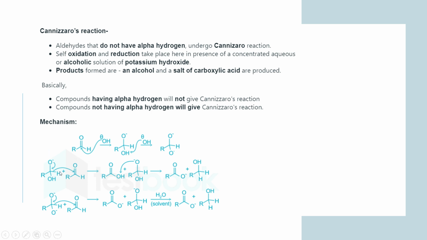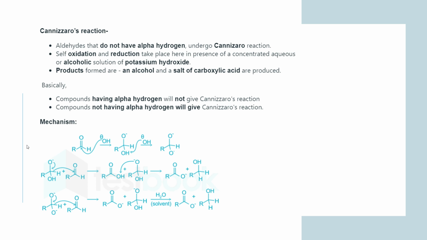Okay, so after you get this oxyanion, this will attack at the second molecule of the aldehyde to give you the Cannizzaro reaction here. Okay, so this is the mechanism that is followed, and I'm sorry, by mistake I have said that to get a Cannizzaro reaction you need alpha hydrogen.